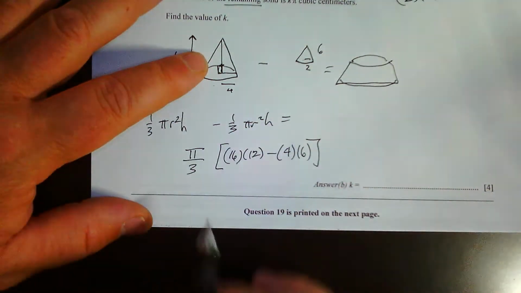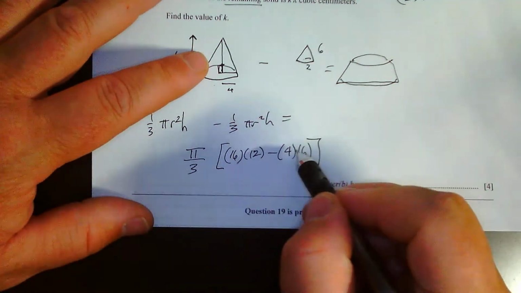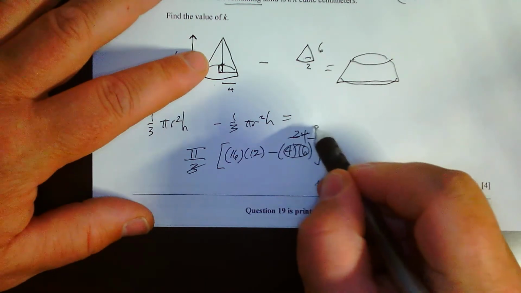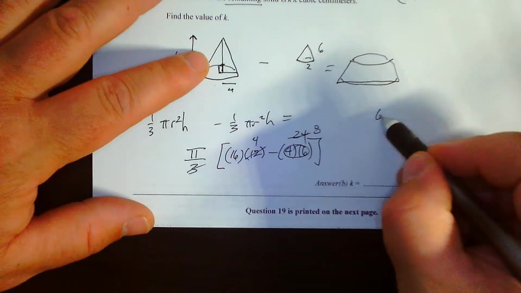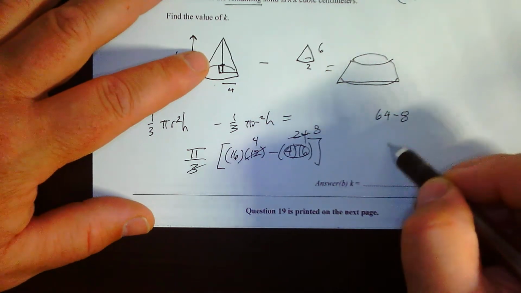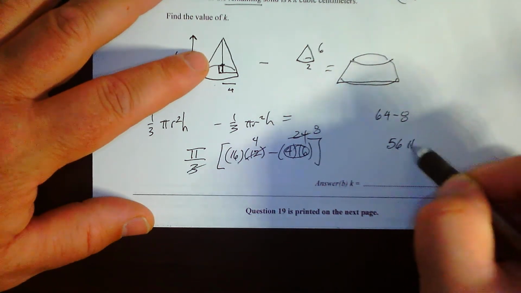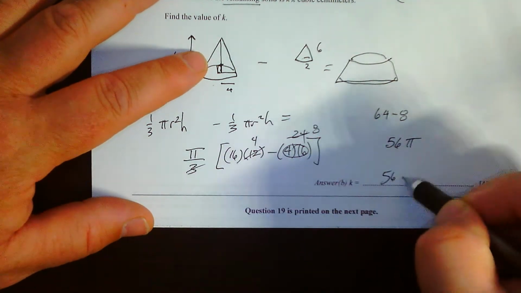No calculators involved. You see that 3? It's going to reduce. So that 3, this is 24. Would you guys agree with this? This is 24. So that 3 reduces with that to make 8, and it reduces with the 12 to make 4. So 64 minus 8. 56 pi. Is that right? I think that's right. 56 pi.